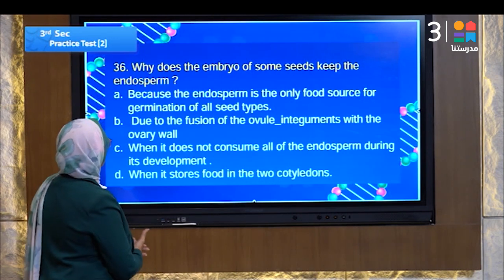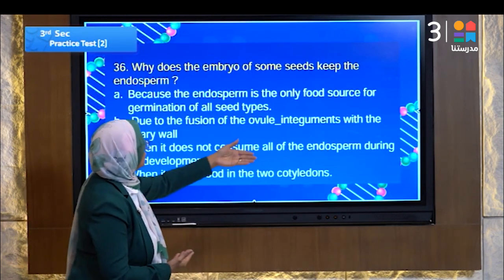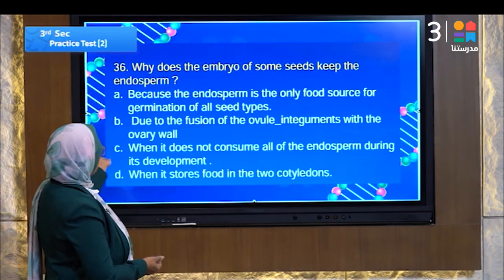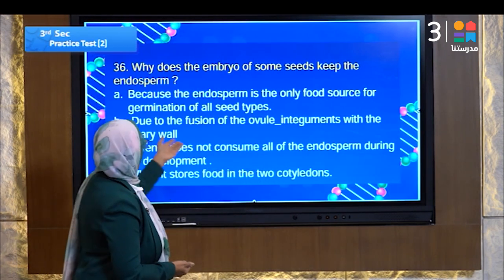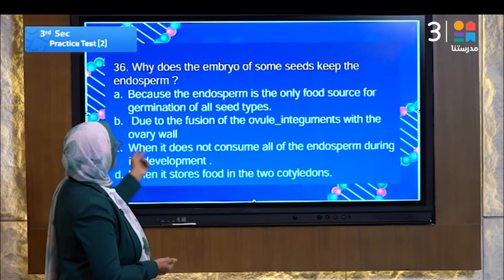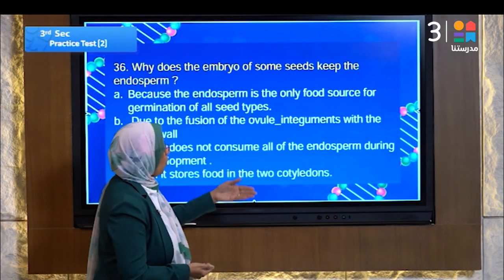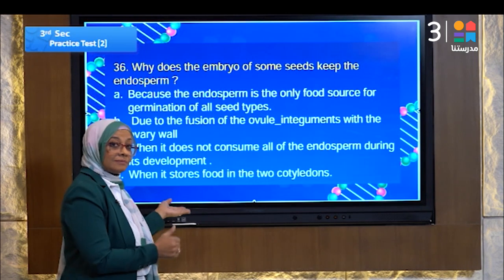Let's go to the choices. A, because the endosperm is the only food source for germination of all seed types. B, due to the fusion of ovule integuments with the ovary walls. C, when it does not consume all of the endosperm during its development.